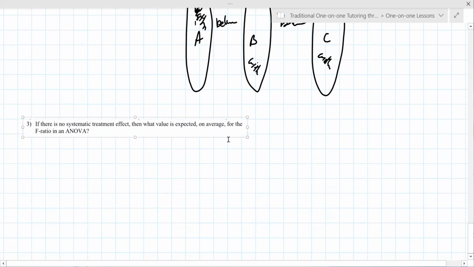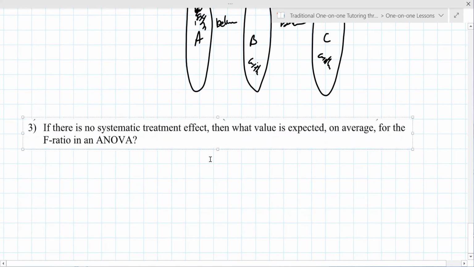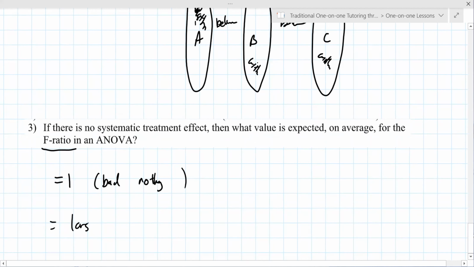Okay, if there's no systematic treatment effect, then what is the expected value on average for the F ratio in ANOVA? So there's really two F ratios that you care about. Either it's equal to 1, which is bad. That means nothing happened, no significance, or it's equal to a large number, and that means that there is a difference.